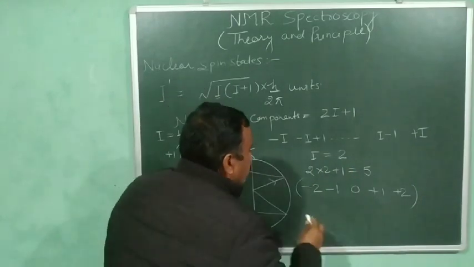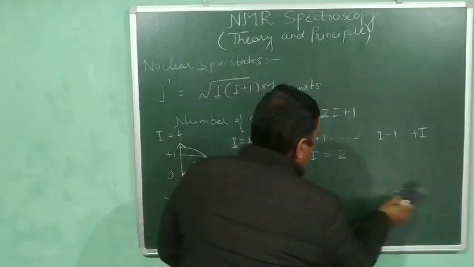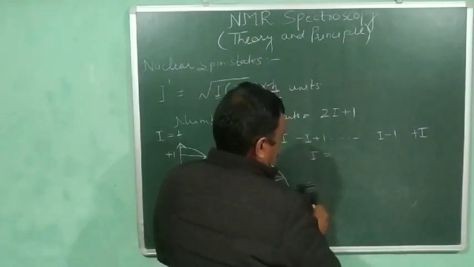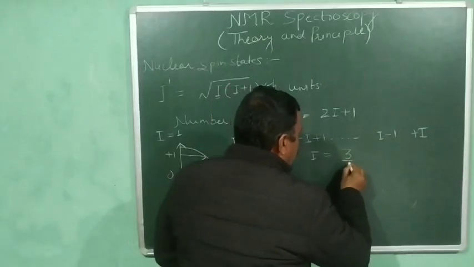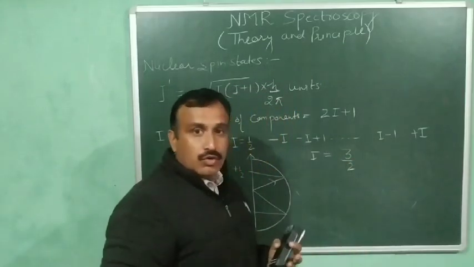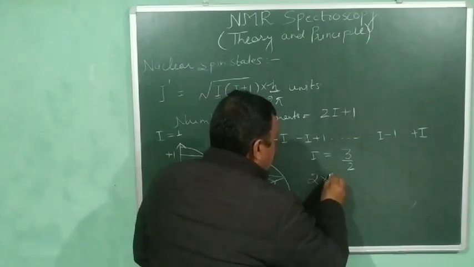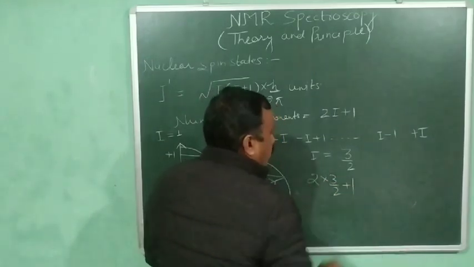And for the nucleus having I equal to 3 by 2, the number of components will be equal to 2 into 3 by 2 plus 1.